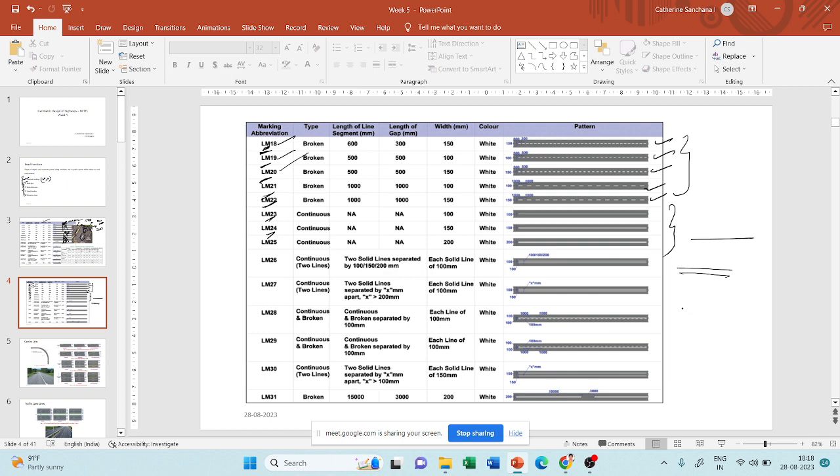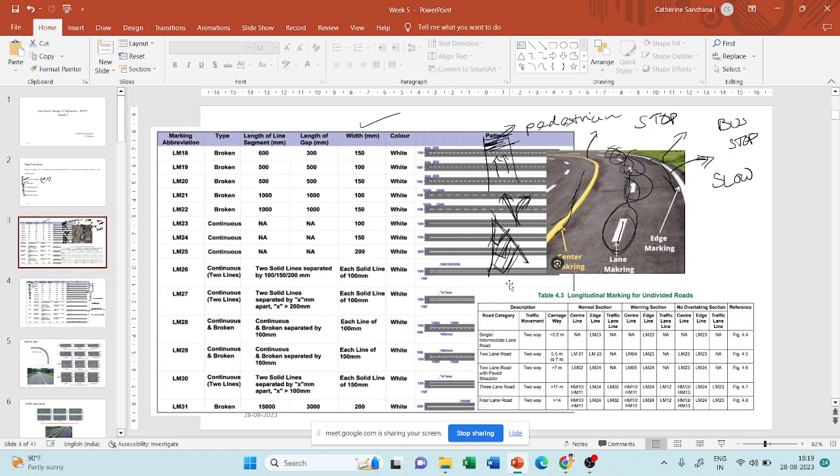So we will see double continuous lines, we will see single continuous lines. We would have also come across a continuous line and a broken line together like this. Okay, and this is the other way around. So here it is continuous and it is broken on the other side. Each one signifies a meaning, and all this we will see in the later sessions.